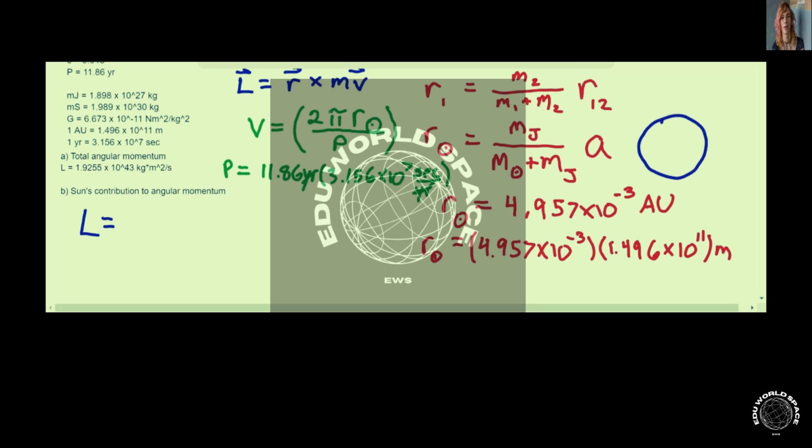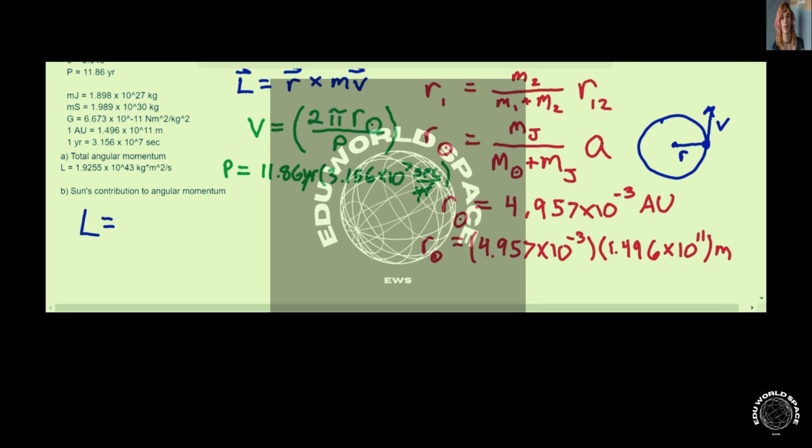So for example, if I draw the circle and say the object's over here, the object's moving this way, that's the direction of the velocity. This is the direction of the radius. Because those are perpendicular, R cross MV is equal to just R times M times V.